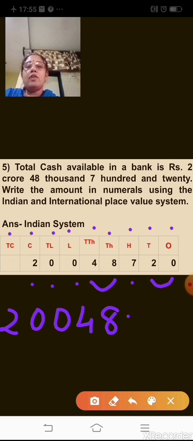So when you write this number and put the commas according to the Indian number system, you will place them from the right side after 3 digits, then after every 2 digits.